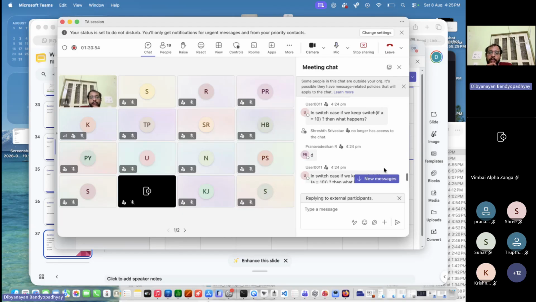I think you have to have a nested statement, okay? So I think it will be evaluated to, I don't know, if a equal to 10, it should evaluate to true, right? If a equal to 10, then it should evaluate to true. You have to try it once. I have to try. I don't know what will happen. Yeah.